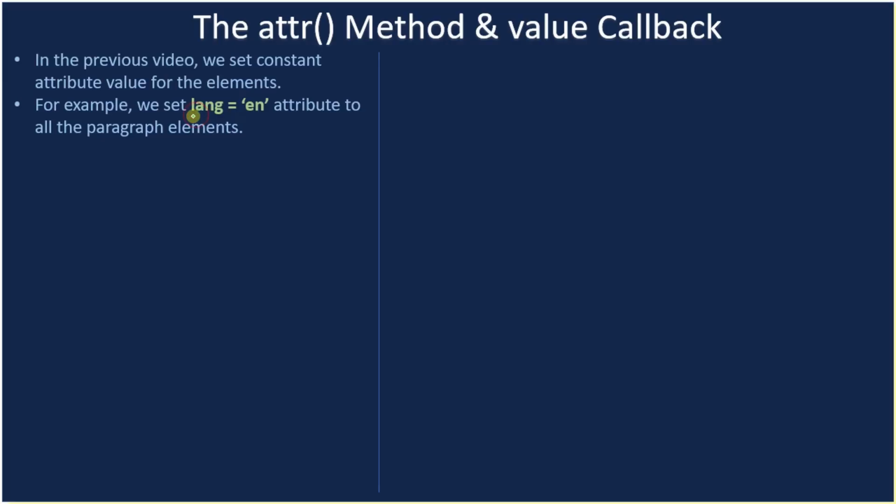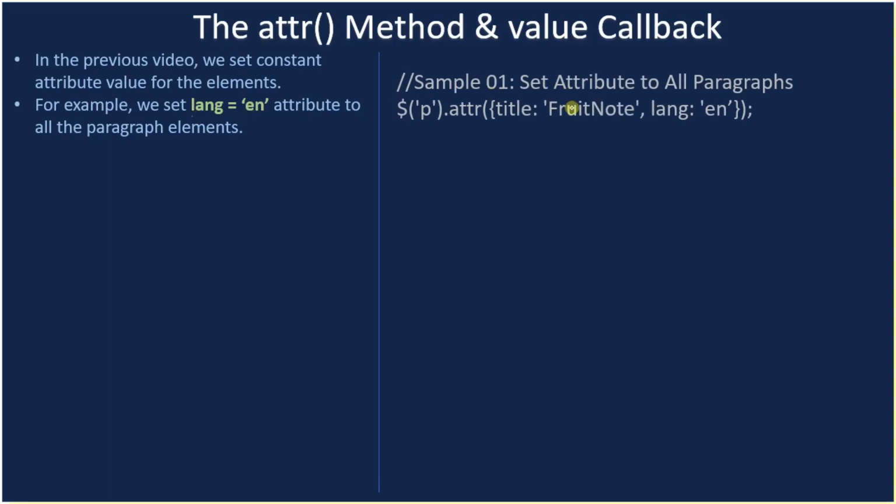That means we set the attribute as lang and value as en. So these are all the static attribute values we set in the previous example. And you can refer to it here. So this is the title attribute and this is the static value. Language attribute and static value.